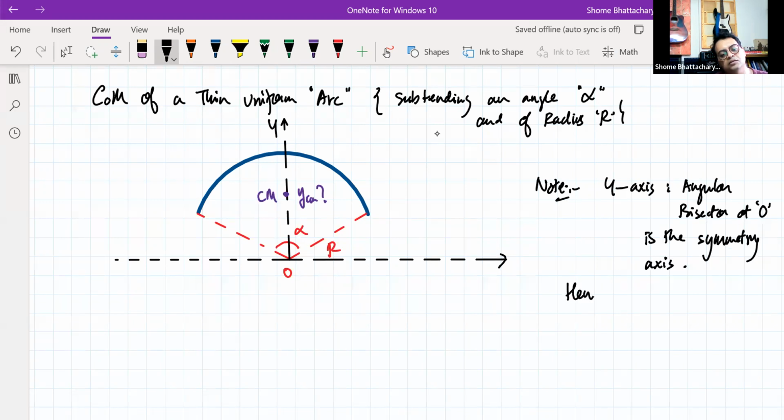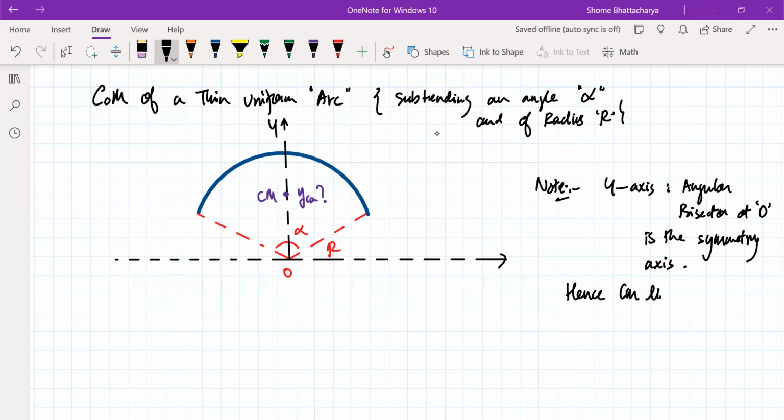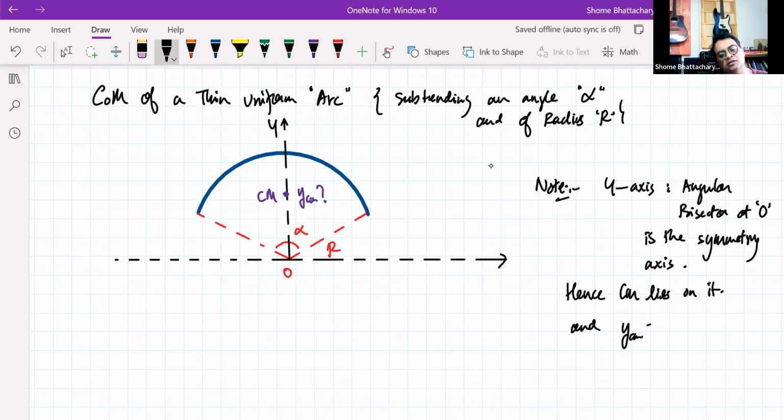Hence, once again, the center of mass lies on it. Once again, integration y dm divided by total mass. So the entire process is the same, but the difference will be what?